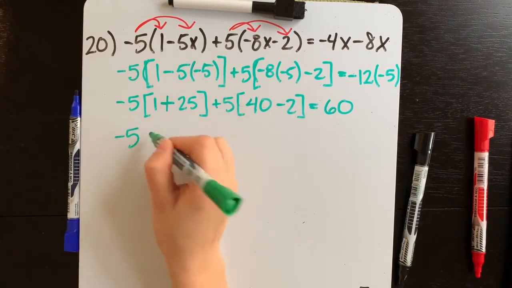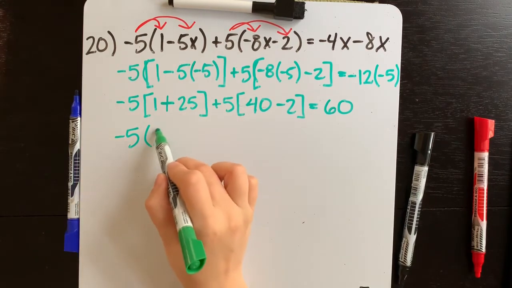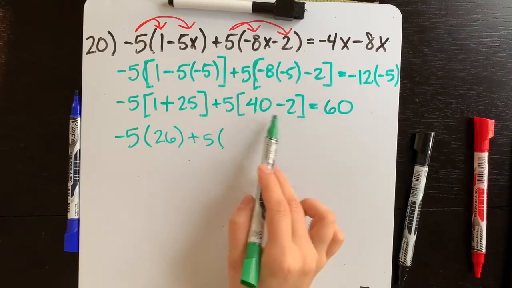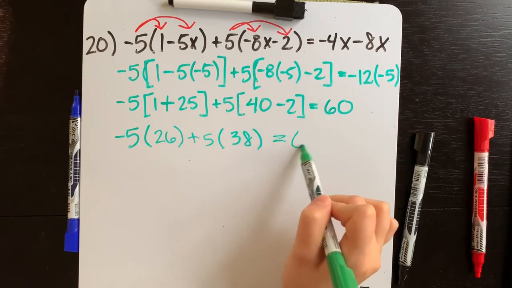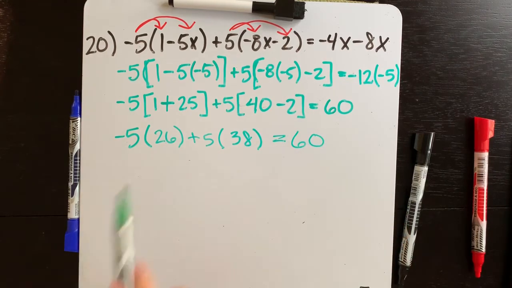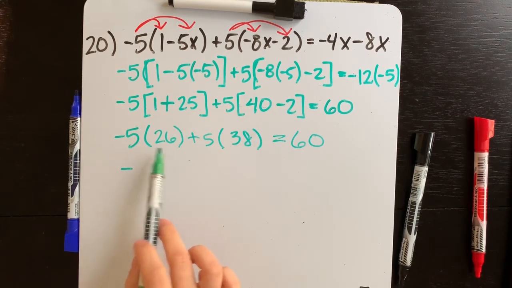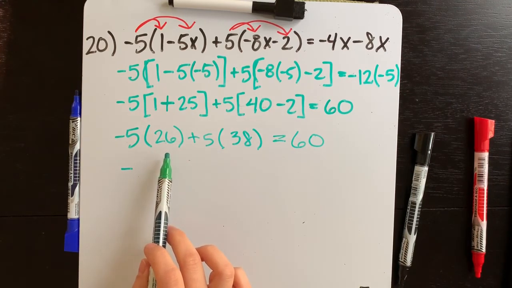So you have -5, I'm gonna just turn it into a parenthesis. 1 plus 25 is 26, plus 5. 40 minus 2 is 38, equals 60. Okay, so now we gotta figure this out. So we have negative times a positive. That's negative. But how would we figure out this? So there is a quick mental math trick that you can do.